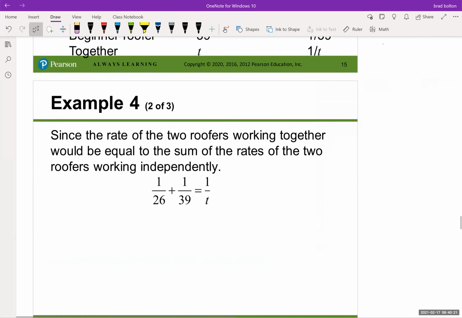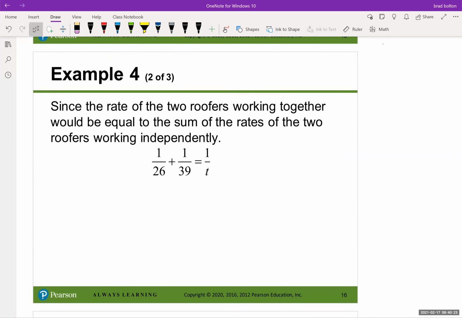If we come over here and look, it says, since the rate of the two roofers working together would be equal to the sum of the rates of the two workers independently, we have this equation. So the book and I work the same on these problems. Now we're going to multiply by the LCD. We need to think about where 26, 39, and T all meet. Well, we know that 39 times 2 is 78.